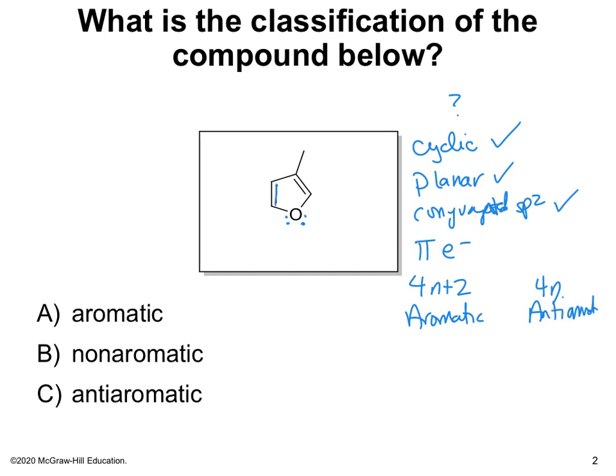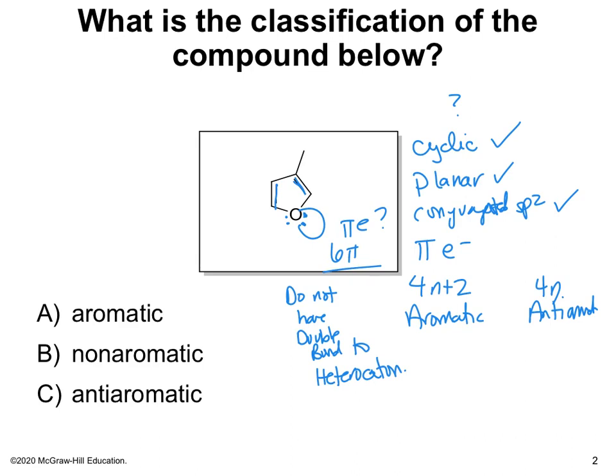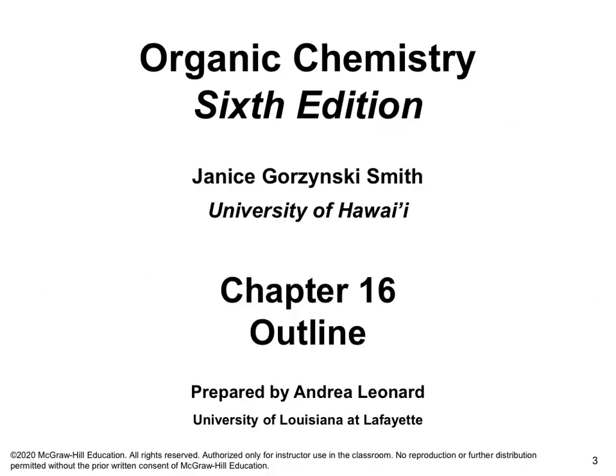And so we count 1, 2, 3, 4, 5, 6. So 6 pi electrons. You count a lone pair when you do not have a double bond to the heteroatom. So we've talked about that, when to count that lone pair as one of the pi electrons or when to not. So this would be aromatic because 6 pi electrons fall into the 4n plus 2.